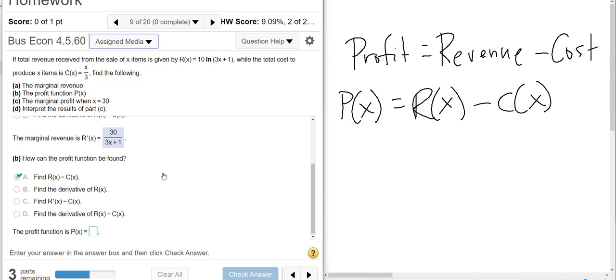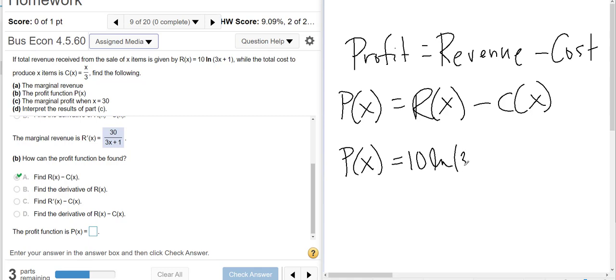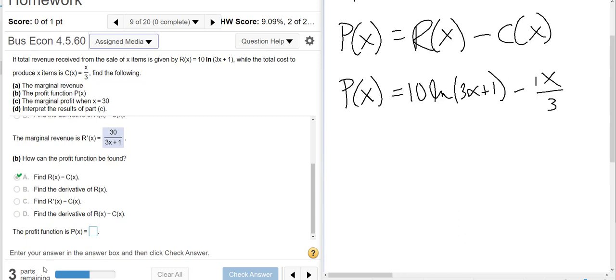The profit function for us is going to be our revenue, 10 natural log of 3x plus 1, take away the cost, 1x over 3. And remember, that's a 1x over 3.